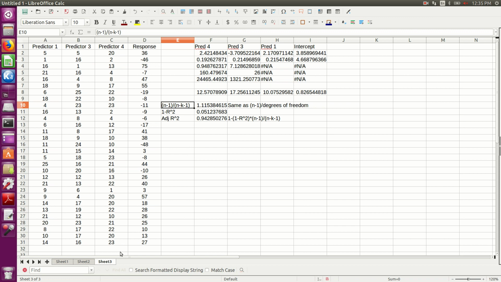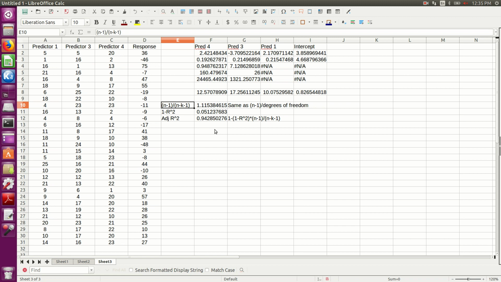And so when I take the 1 minus R squared, which is my sum of squared errors, I'm multiplying it by something a little smaller, and by multiplying that by something a little smaller, when I subtract it from 1, it makes it a little bigger.